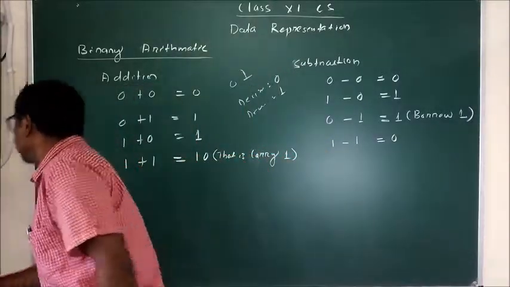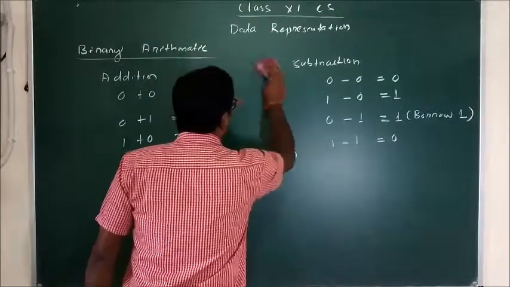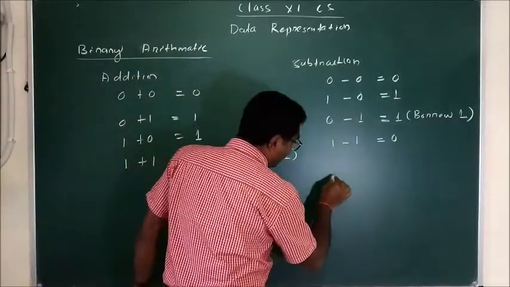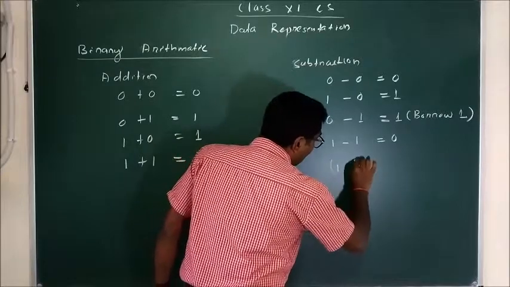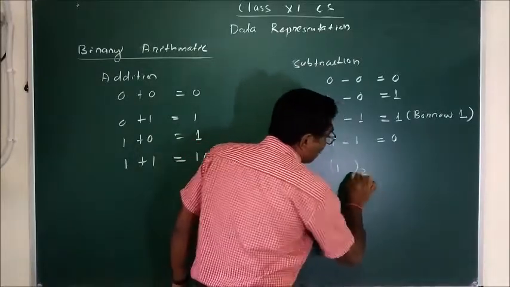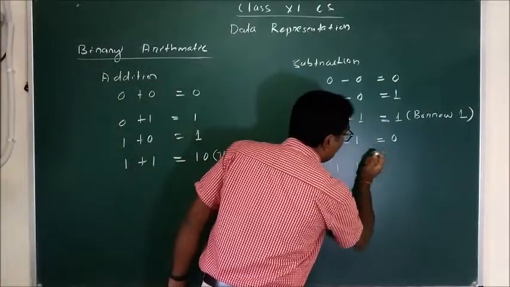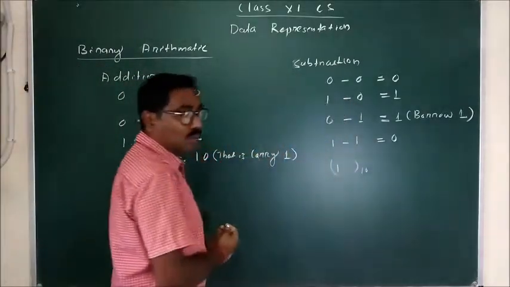How is it possible? Because I am showing you a little example here. Suppose a number is 1 base 2 and we have to convert it into base 10, we have to convert it into base 2.